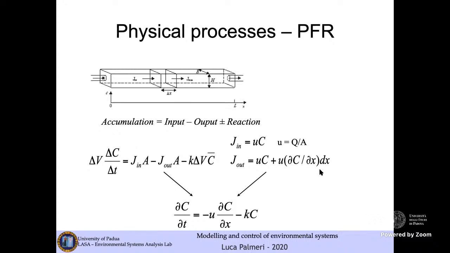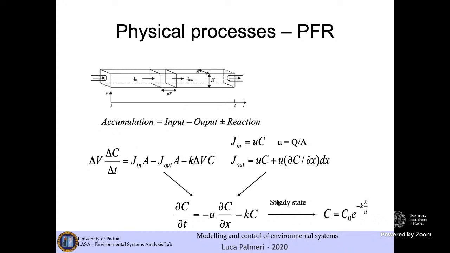If we put all these things together, we obtain a partial differential equation in which we have a derivative in time of concentration C equal to minus the speed of the flow times the variation along the x-axis, so along the stream, of concentration, minus a term that describes the effect of transformation.